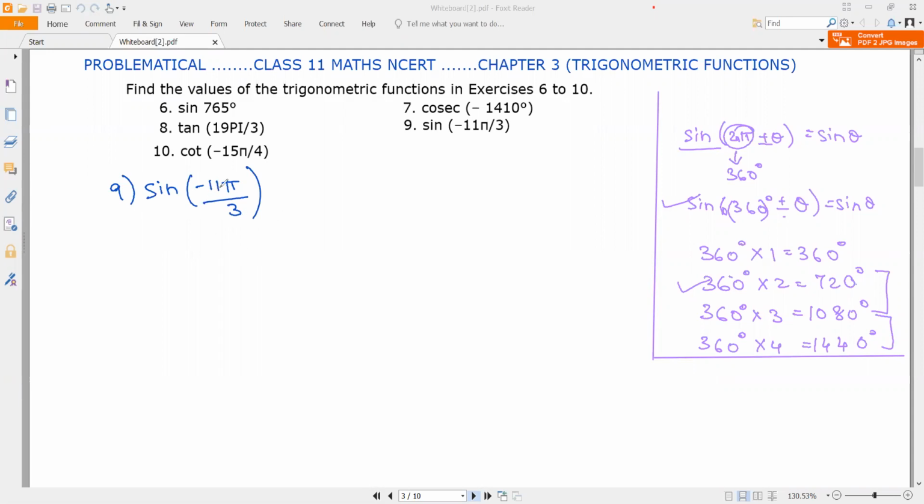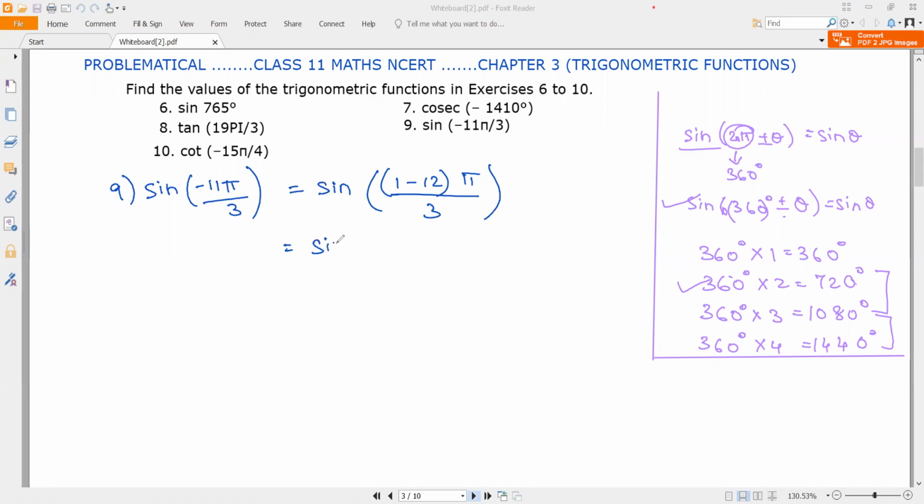Numerically, this is minus 11, so it is smaller than 3 in magnitude. It can be represented as 1 minus 12 in place of minus 11. Sine of (1 minus 12) pi by 3 in place of minus 11 pi by 3.